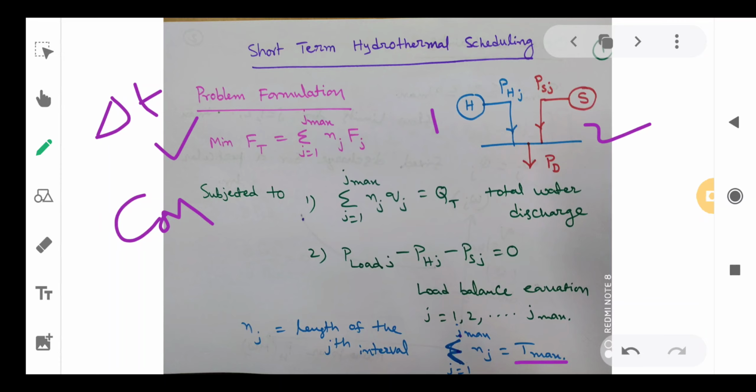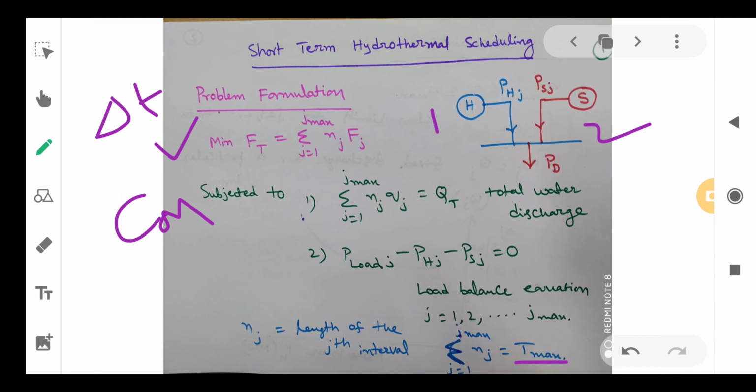So that is the problem formulation: minimization of the function subjected to some constraints. What are the two constraints? Let us understand.